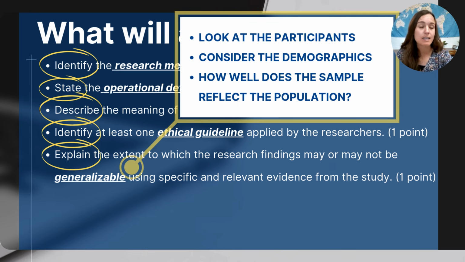Like, the study is not generalizable to the larger population because over 93% of the participants in the sample were female, and the population includes both male and female. Or the study is generalizable to both men and women because the sample included a balance of both men and women. And this would not only state whether or not it is generalizable, but it would show how and explain how this study is generalizable to the broader population.